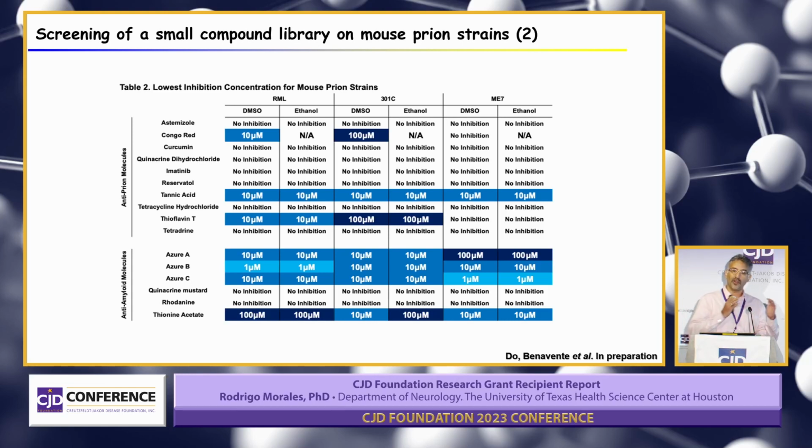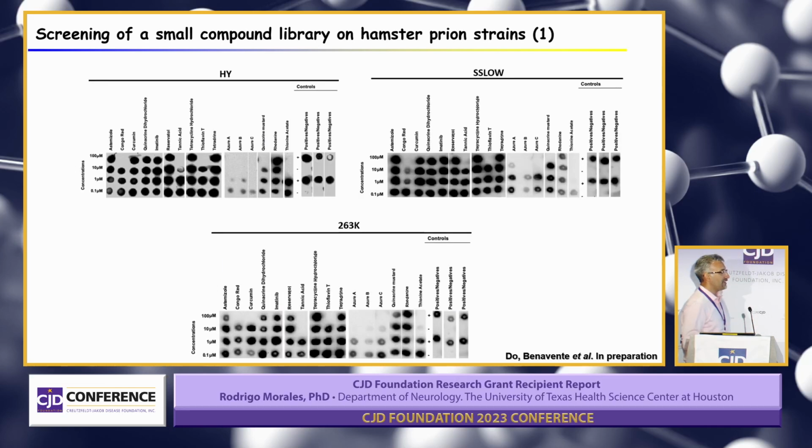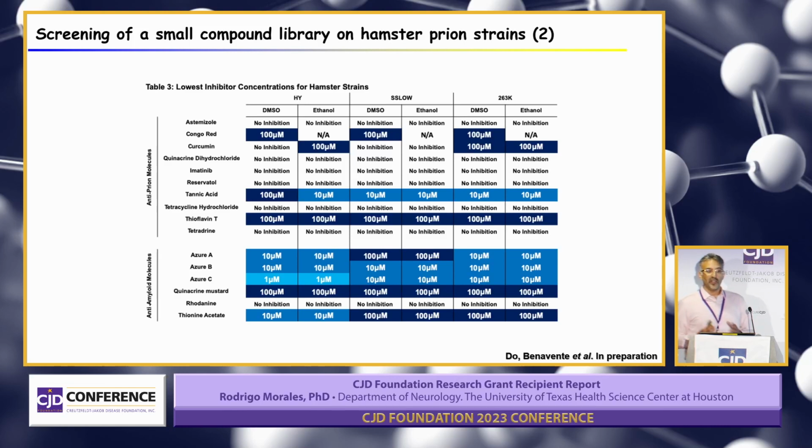Some of them were more efficient at lower concentration, some others at higher concentration. We did the same with hamsters, and basically we observed the same effect that we observed with mice. So I think that we are in a good shape to screen compounds in a strain-specific manner, and we are getting good results with that.